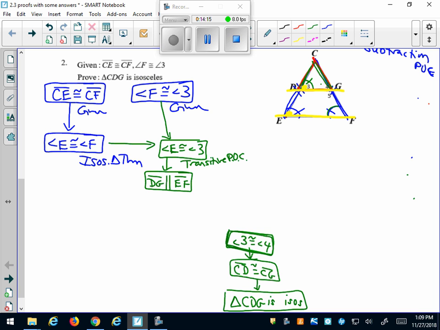What would be the reason here? Yes? What would be the reason? Yep, Gabby. Good. Converse of corresponding angles theorem.